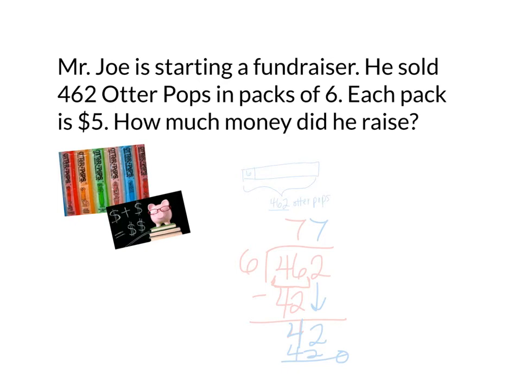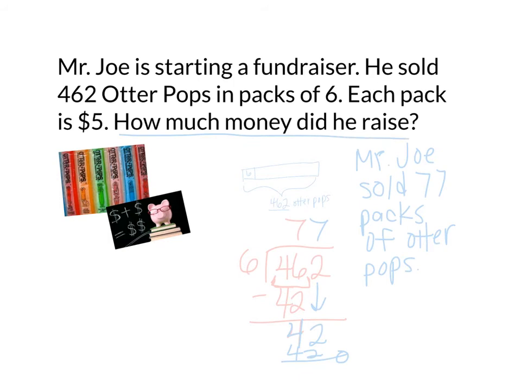Are we finished? No. Why aren't we finished? Because we don't find out how many packs he sold, we find out how much money he made. So I think that we have to add 5 for each package.